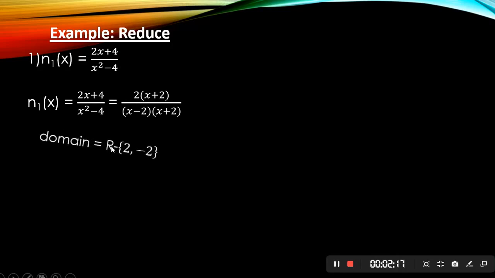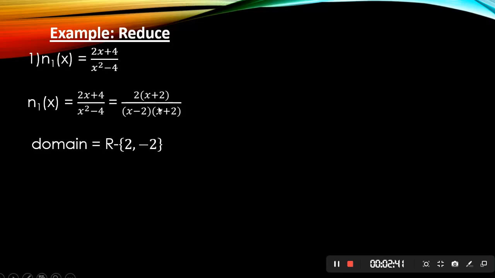Second step, find the domain. The domain is R minus the set of zeros of the denominator. We can easily now find it directly from the brackets. X minus 2, so x here equals 2. X plus 2 equals 0, so x here equals negative 2. So the domain will be R minus {2 and negative 2}.